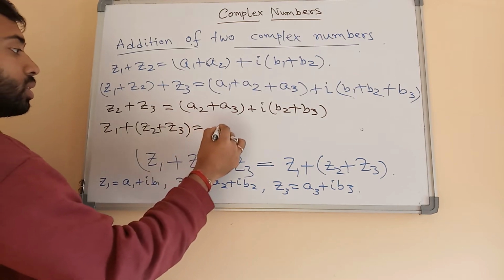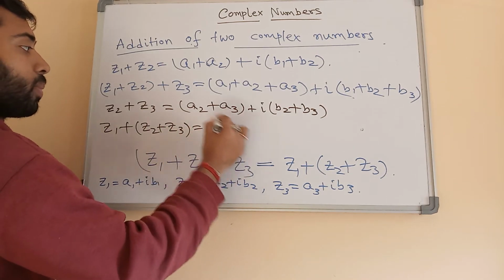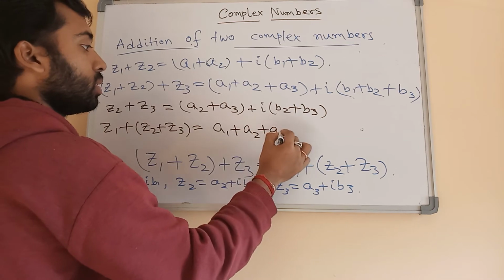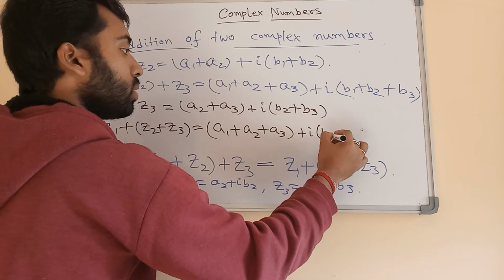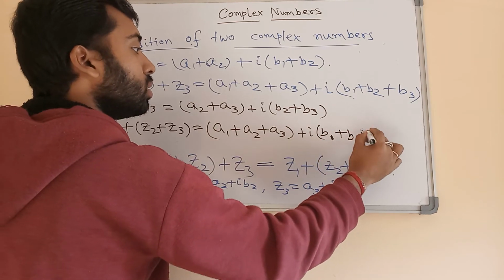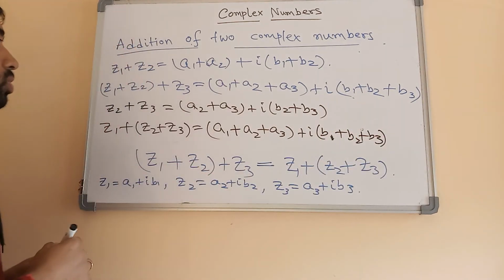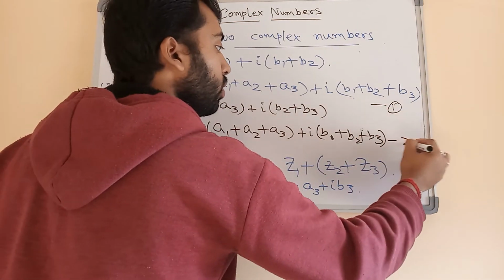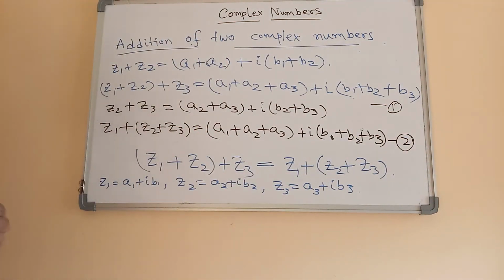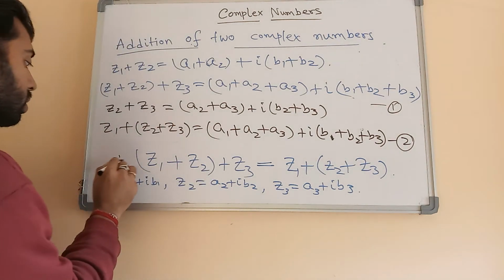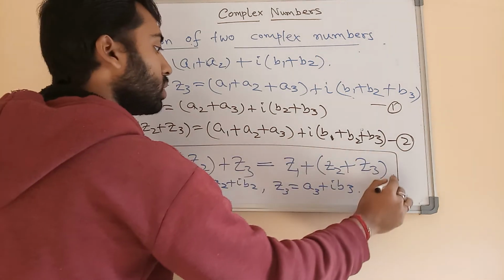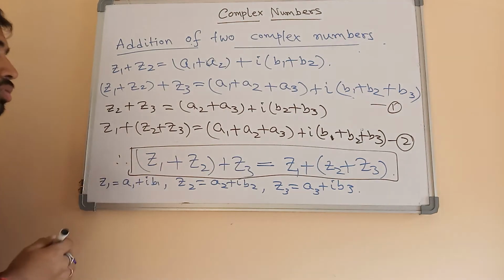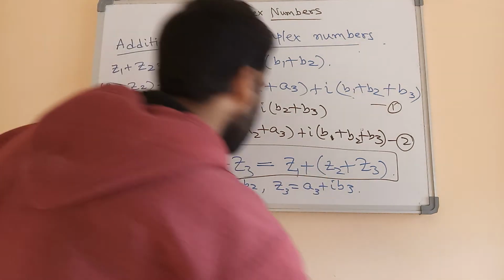So Z1 has the real part A1 plus the real part of Z2 plus Z3, plus i times B1 plus B2 plus B3. So as we can see from 1 and 2, LHS equals RHS. Therefore (Z1 plus Z2) plus Z3 equals Z1 plus (Z2 plus Z3).